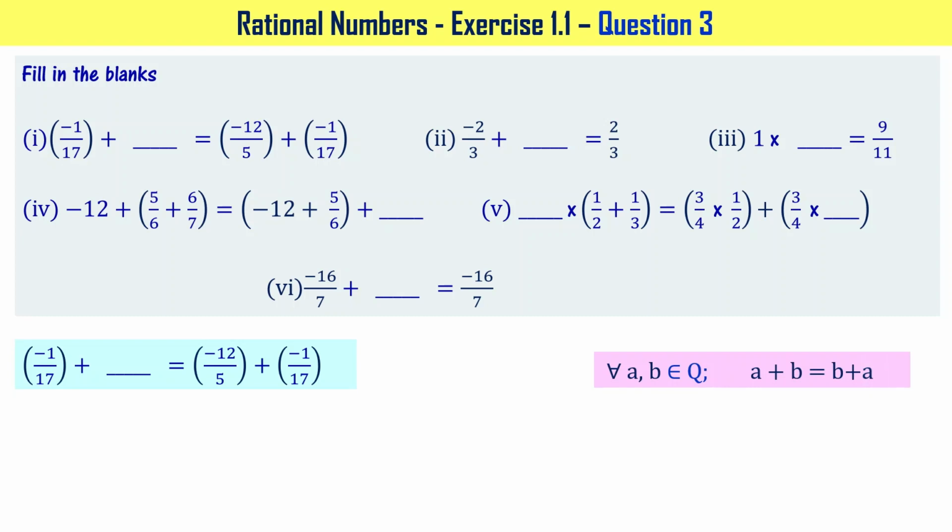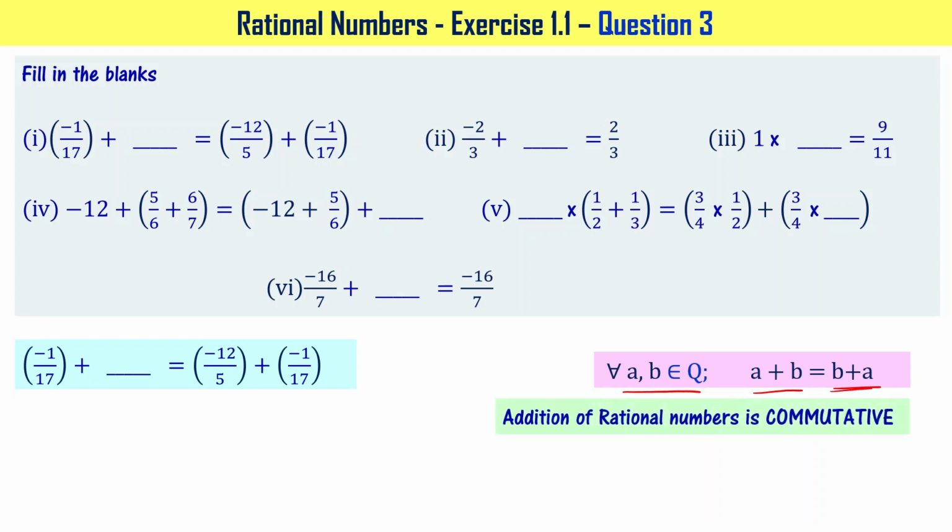We know that for all a and b belonging to Q, meaning for all rational numbers a and b, we can write a plus b equal to b plus a, right? This property is called the commutative property of rational numbers under addition.